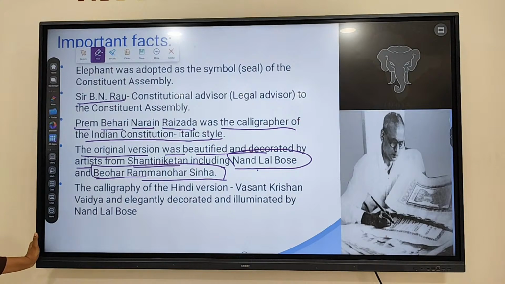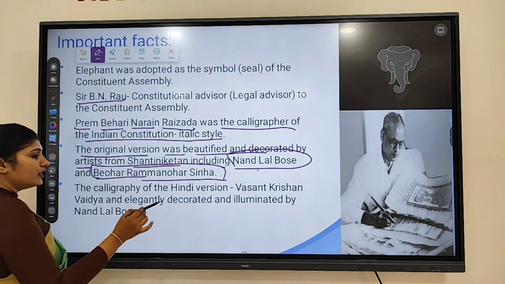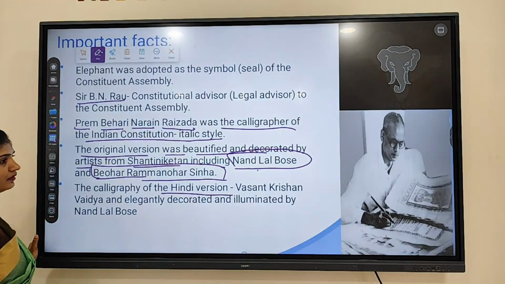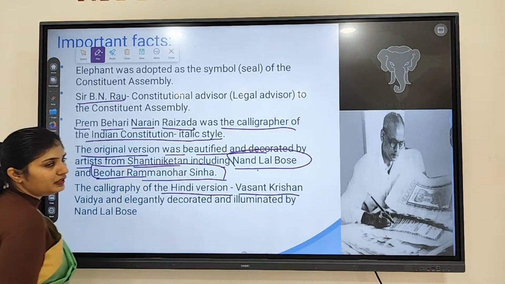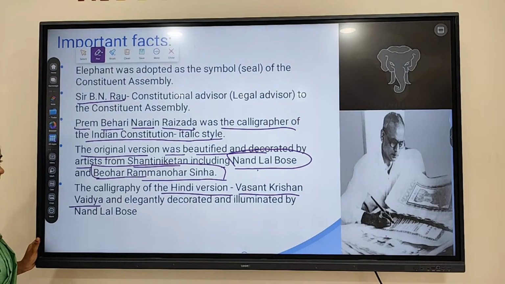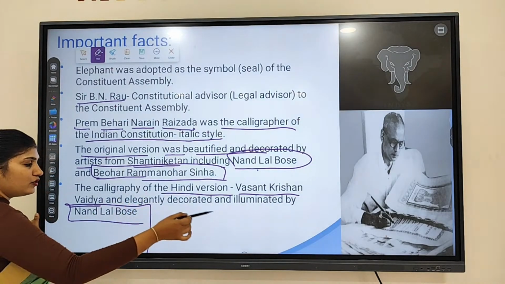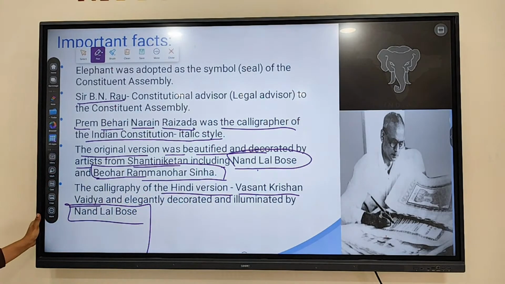Understood? Next, in the Hindi version, who was the calligrapher? Vasant Krishan Vaidya. And the decoration, the same, was made by Nandalal Bose. For the Hindi Constitution book, it was written by Vasant Krishan Vaidya, and decorated again by Nandalal Bose. Now you can write down.